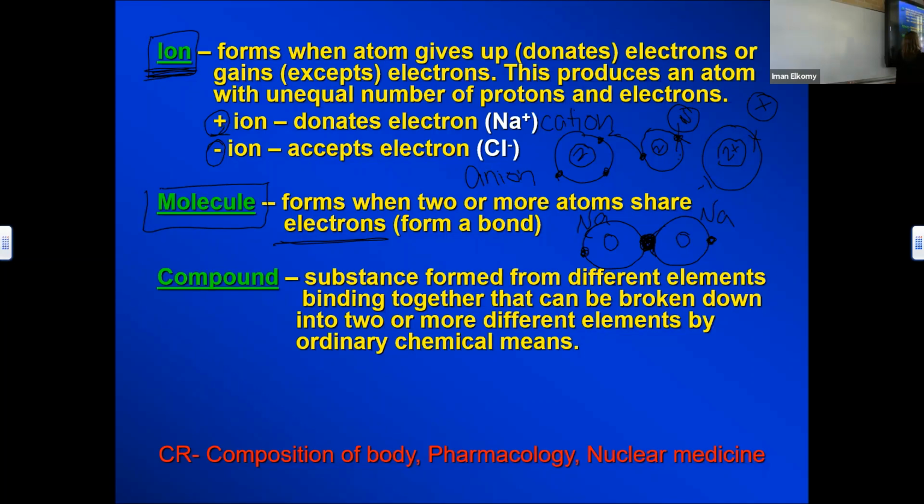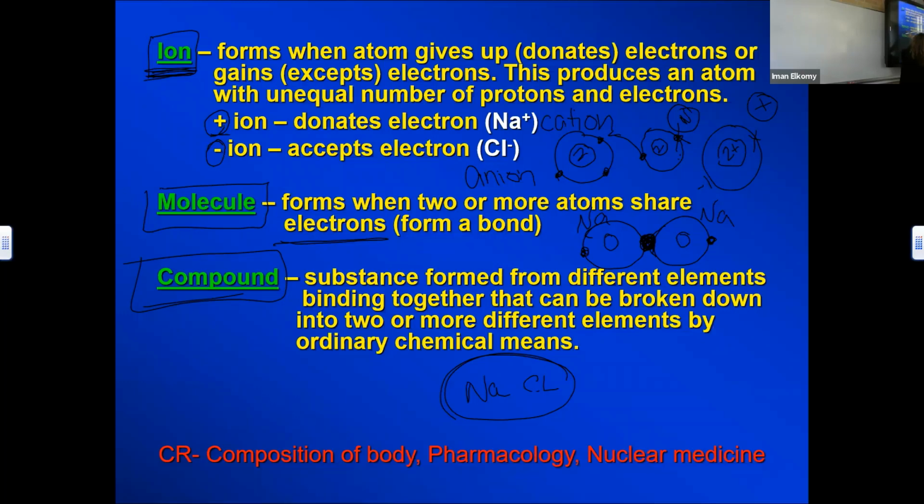What happens if I take 2 different things? I get a compound. So if I bind an element of sodium with an element of chloride together, that's what I call a compound. Okay, makes sense, guys? Over there in Zoom land?